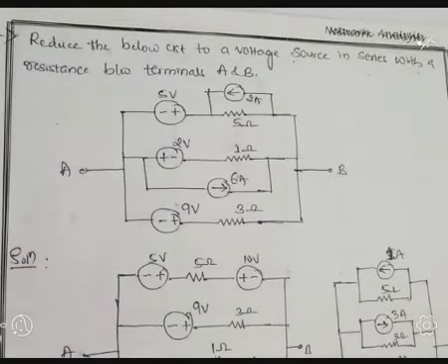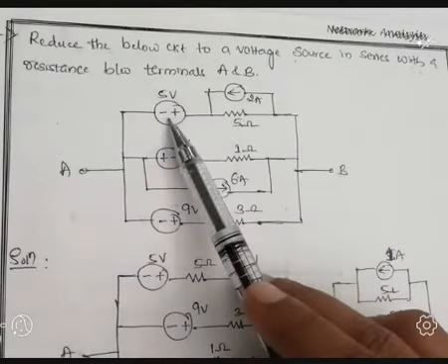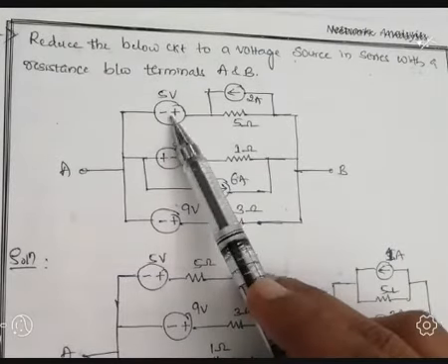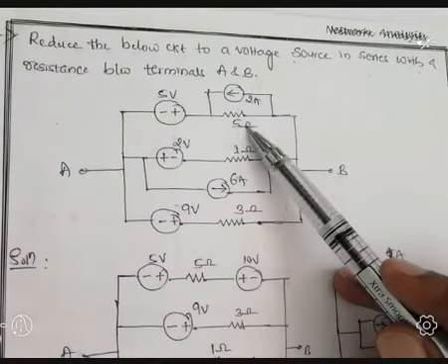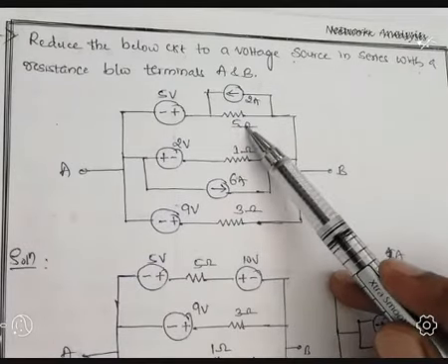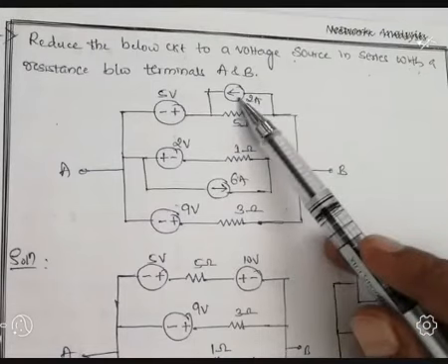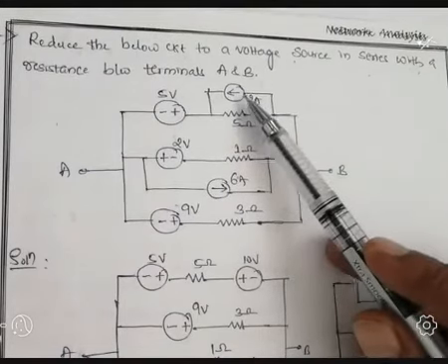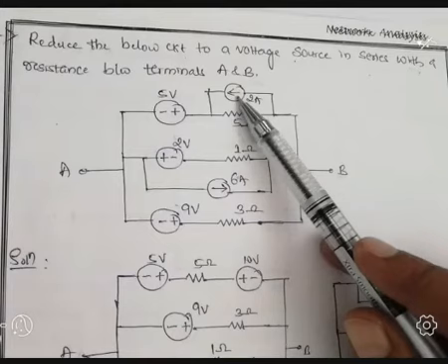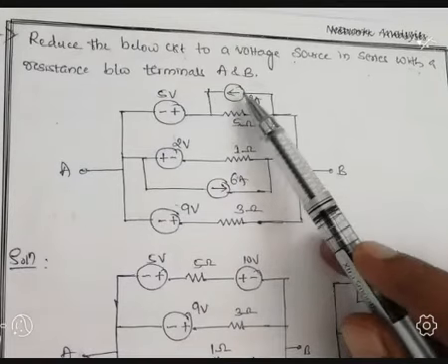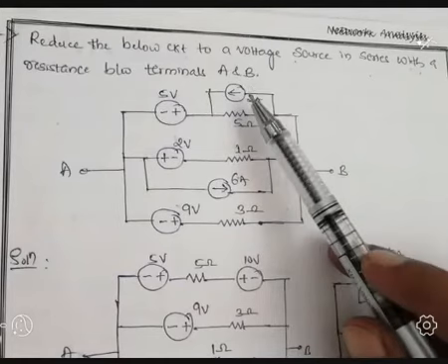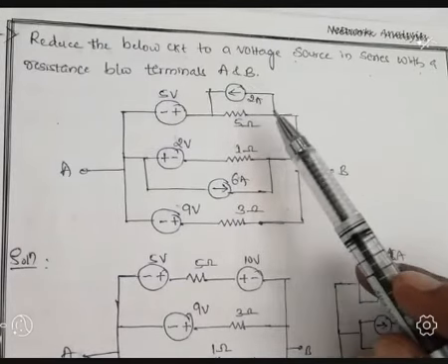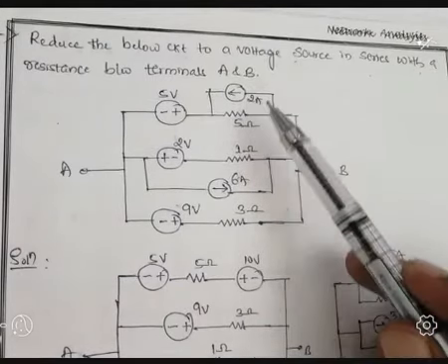First step: for this voltage source there is no connection, but a current source is connected in parallel with a resistance. So I am going to convert this current source to a voltage source. V equal to I into R. I is 2 ampere, R is 5 ohm.